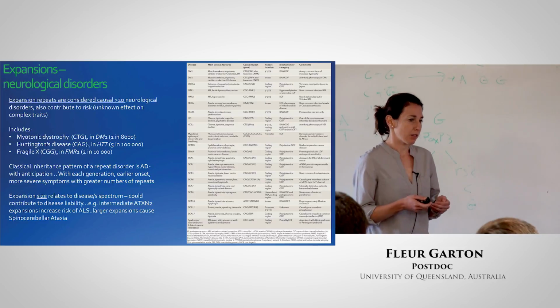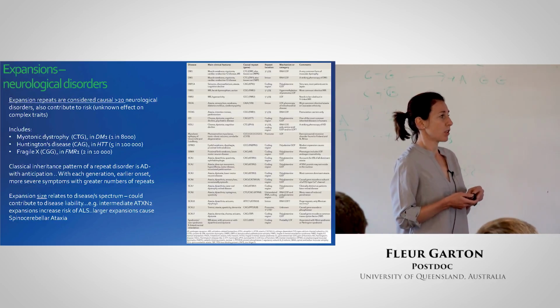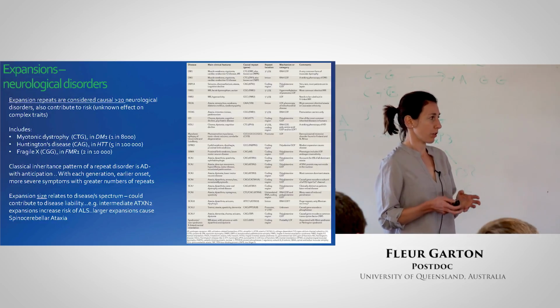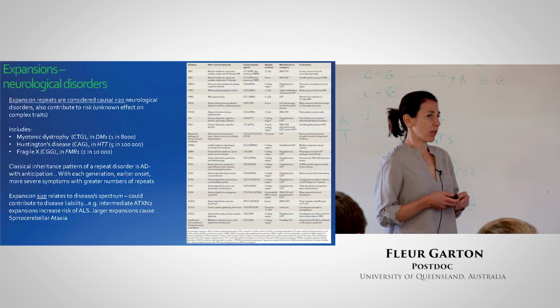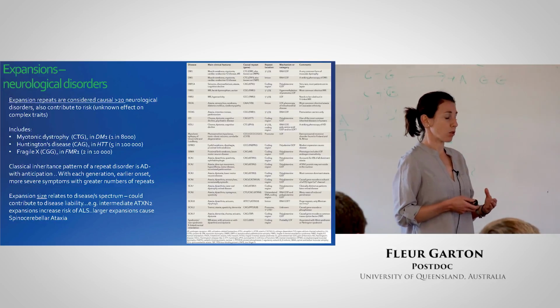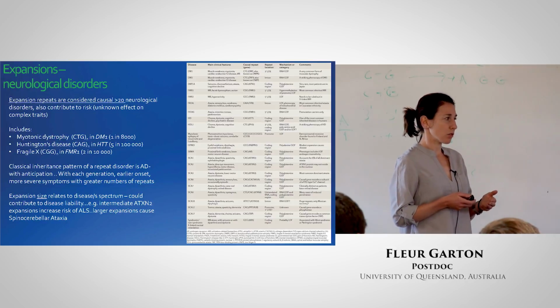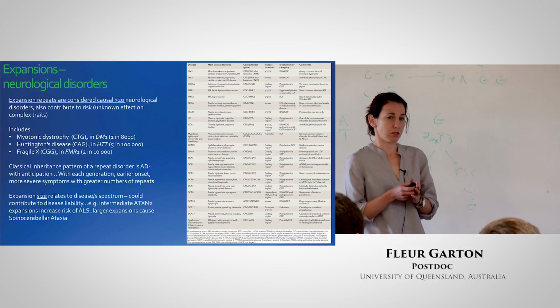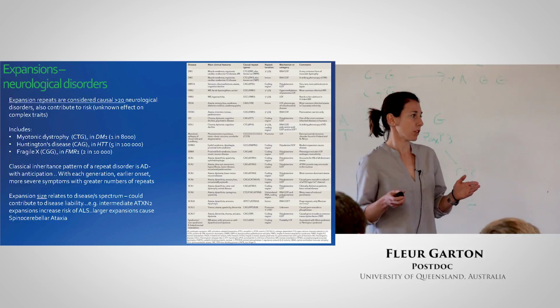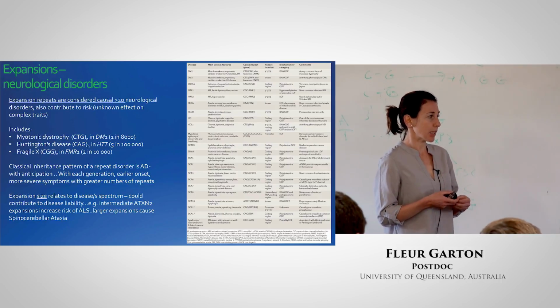So we've spoken about the inheritance pattern of these types of disorders. Typically, it's autosomal dominant with anticipation. So with each generation, you get an earlier onset. You might get more severe symptoms with a greater number of repeats. A lot of these disorders also, the expansion size relates to the disease spectrum. So this can contribute to disease liability.